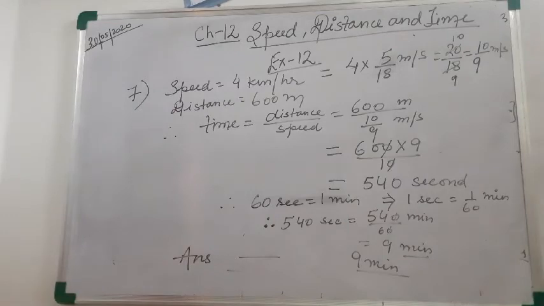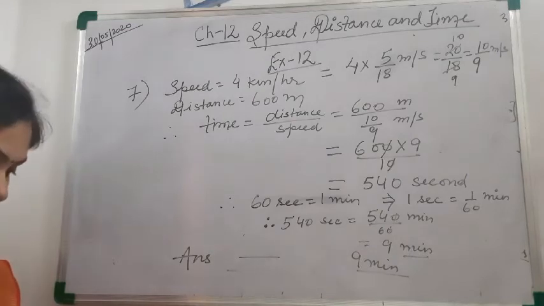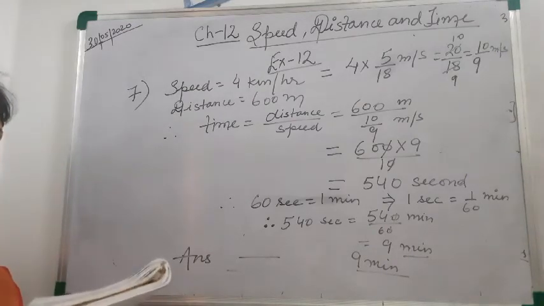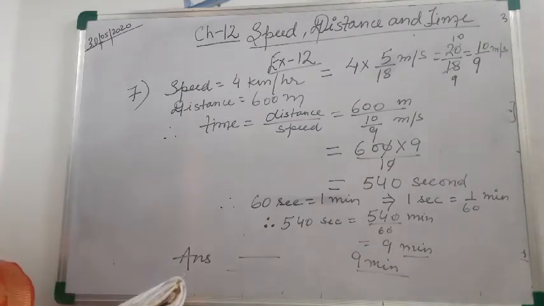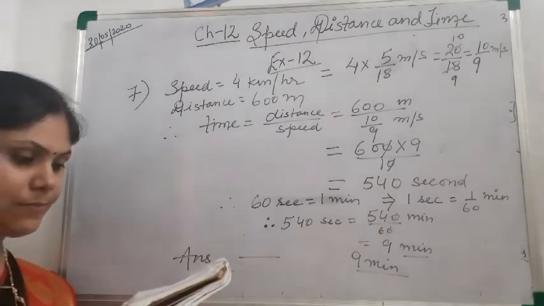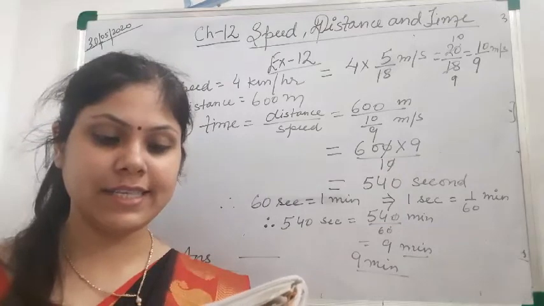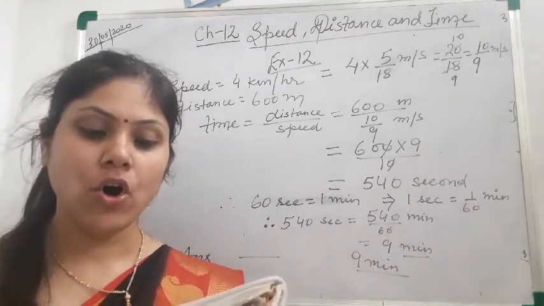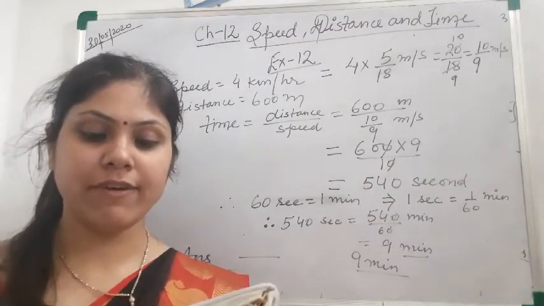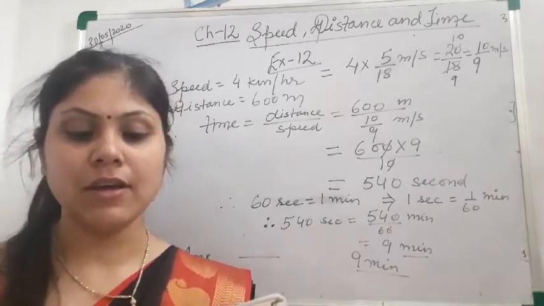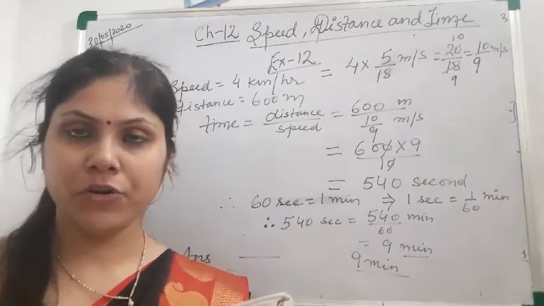9th question. Ninth question is, which is more, a speed of 36 km per hour or a speed of 10.5 meter per second? It's very easy. This kilometer per hour you convert into meter per second.